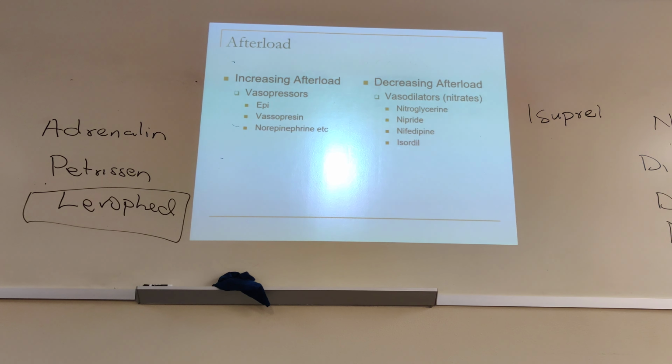And then if we want to decrease afterload, the resistance is high, like the SVR is high, then we're going to give a vasodilator to open up the blood vessels so that the blood pressure will go down.